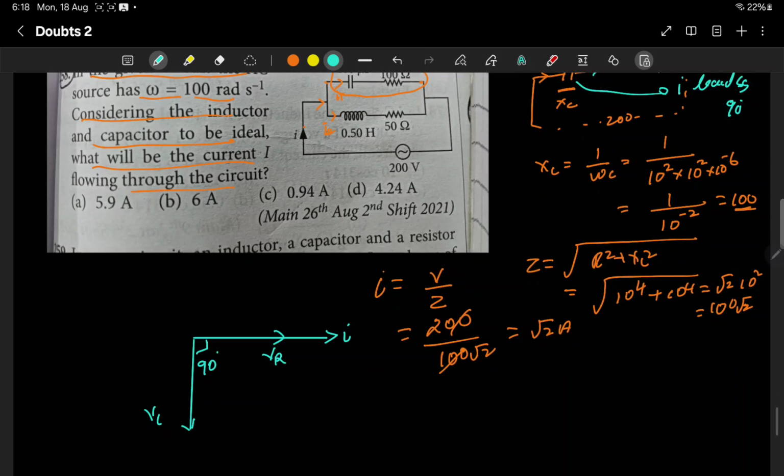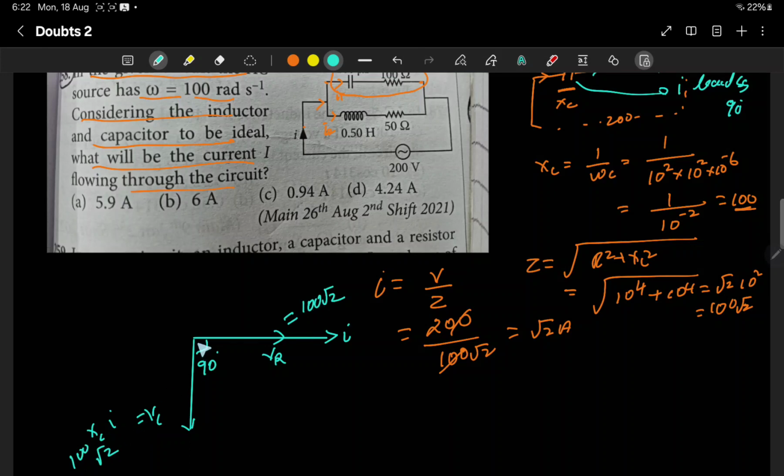So the voltage in the resistor is nothing but I into R. I we know is root 2, R we know is 100, so here you will have 100 root 2. Same like that, V is equal to XC into current. The current we know is root 2, XC is 100, so this is 100 root 2.